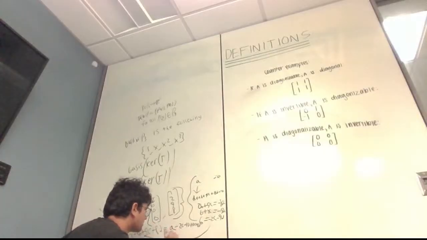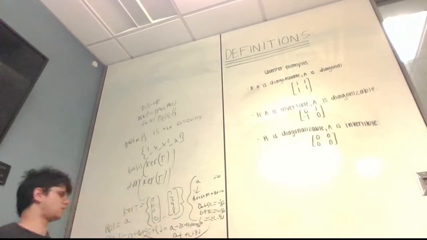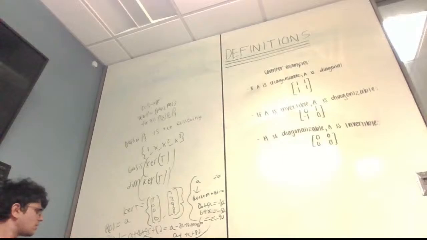So that becomes a minus 4 plus 4c plus 4d. Get this, I guess.